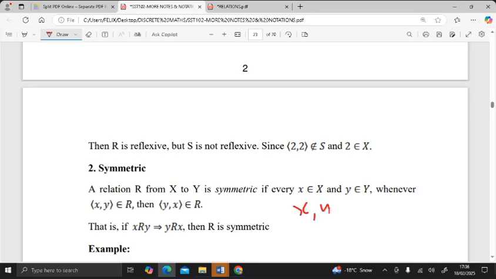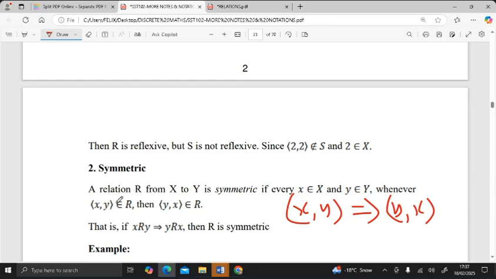When we're talking about symmetric, when X is related to Y, it's as if we're having some kind of commuting: if X is related to Y, that implies that Y is related to X. And as I mentioned earlier, relations are not commutative.